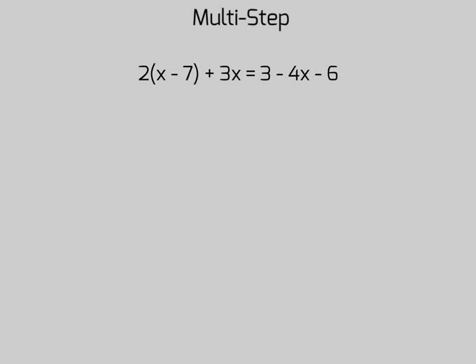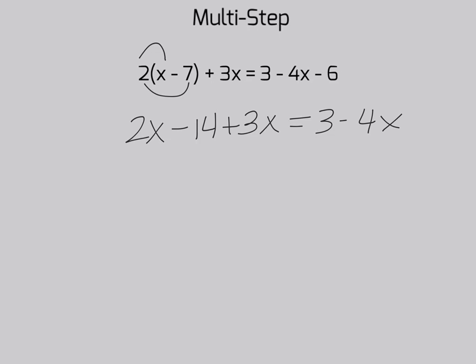Remembering the distributive property from 6th grade, what we want to do is take this 2 and multiply it into the parentheses. So our result would be 2x, 2 times -7 gives me -14, plus 3x, and now I'm just simply writing everything else over, because I did nothing else in that line.